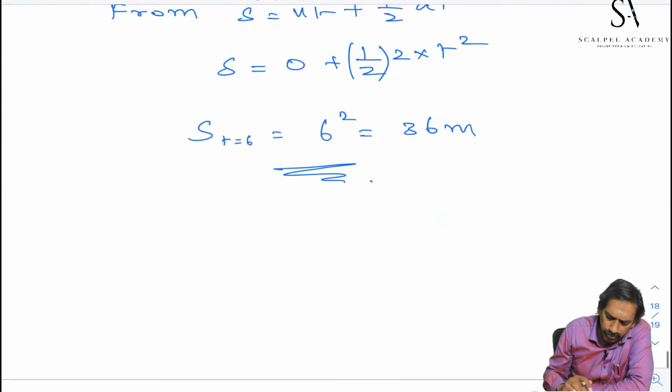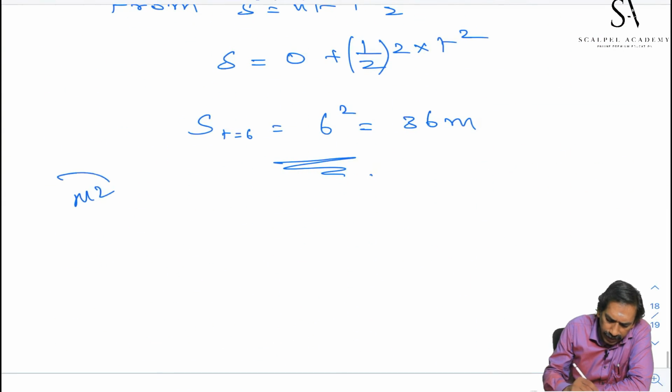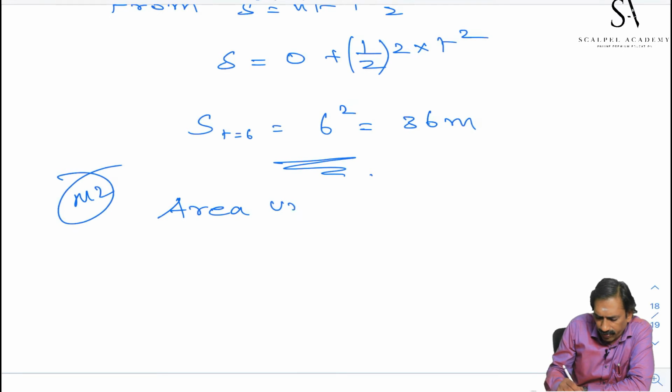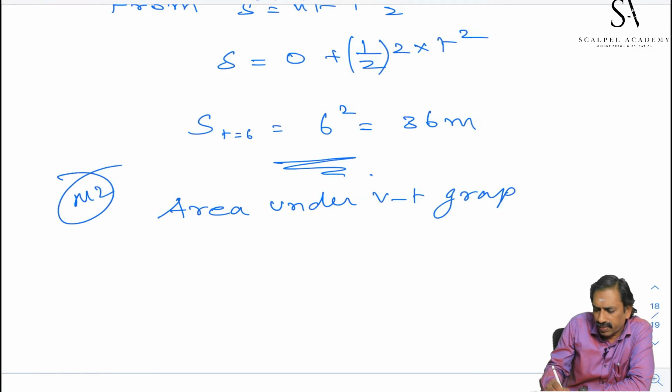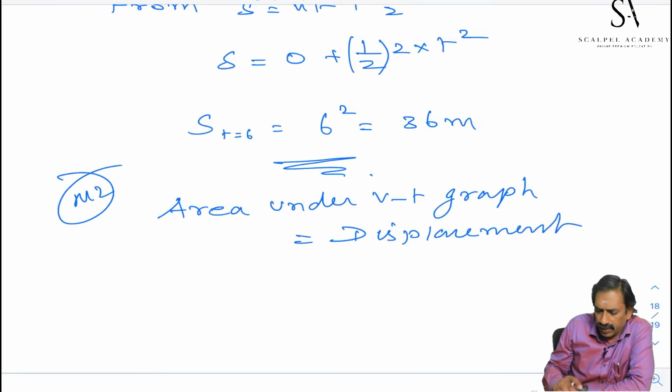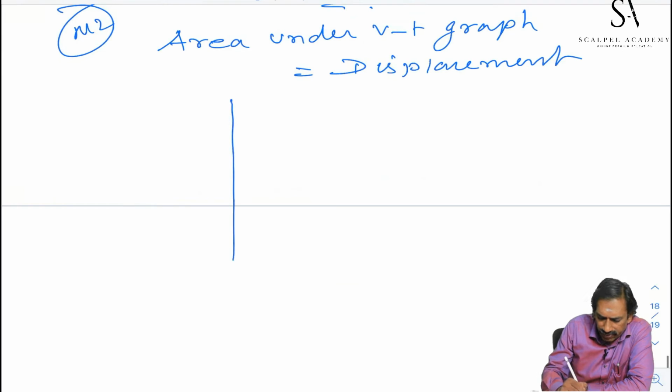Method 2. Student, I already explained, area under the VT graph gives displacement. Look at this VT graph.